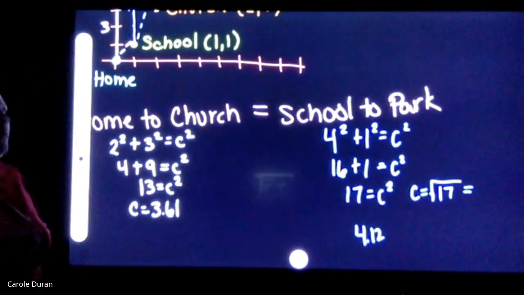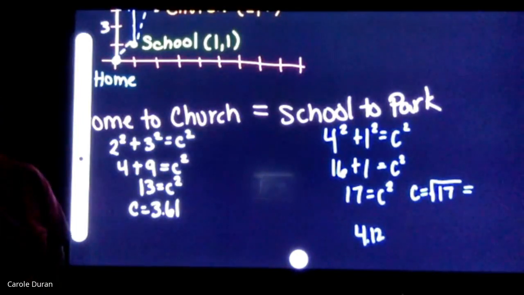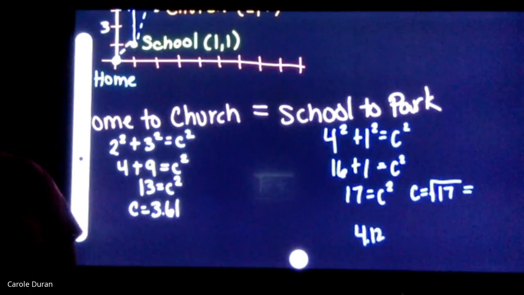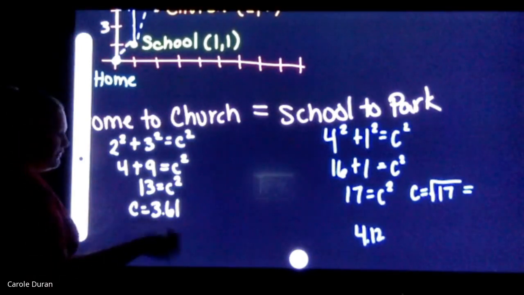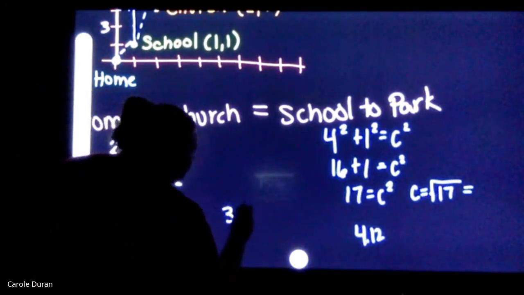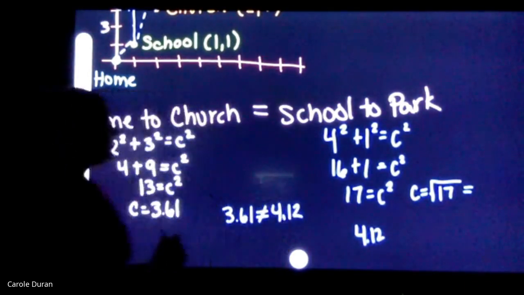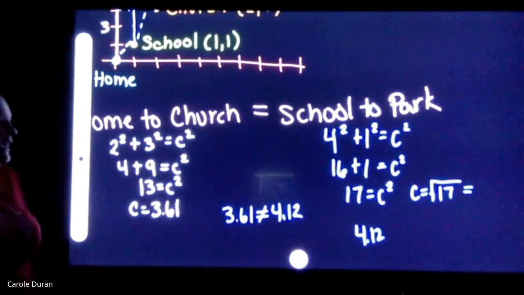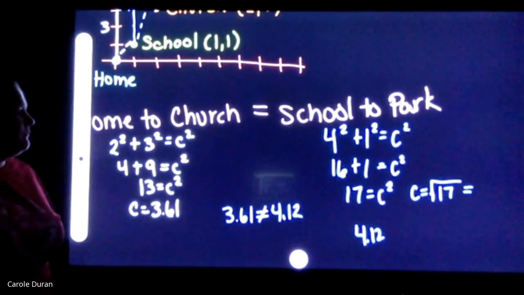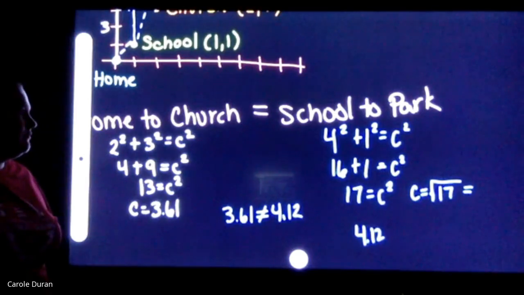No, which means that she is not correct in her assumption that the distances are the same. So we would prove this by saying 3.61 does not equal 4.12. So we would say she is incorrect, and that is why. And then we're done.